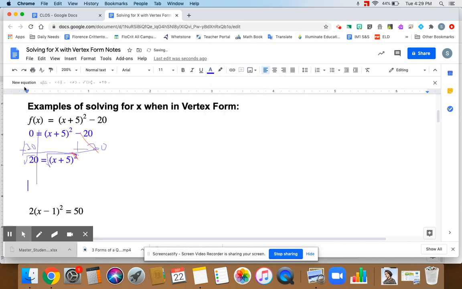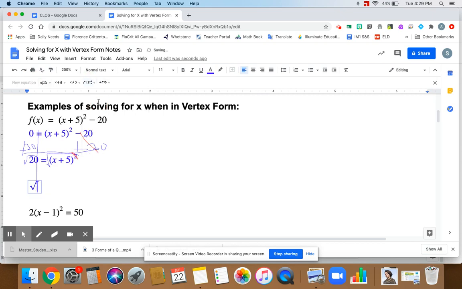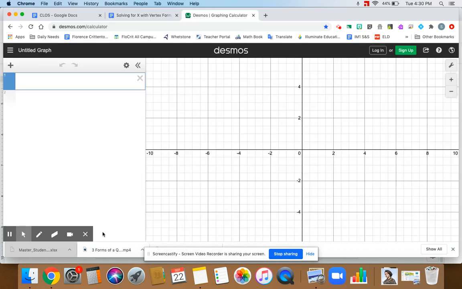Therefore, my answer becomes the square root of 20 equals x plus 5. The square root of 20 equals 4 point, and there's a long decimal. When there's decimals, usually 2 is enough. So 4.47 would be enough.